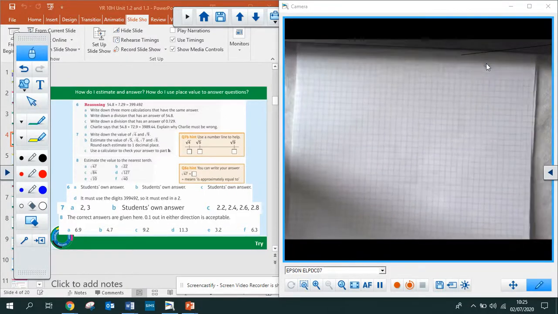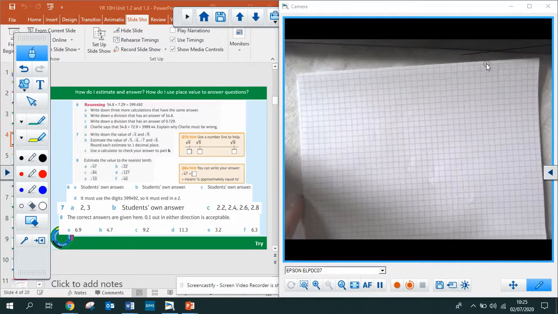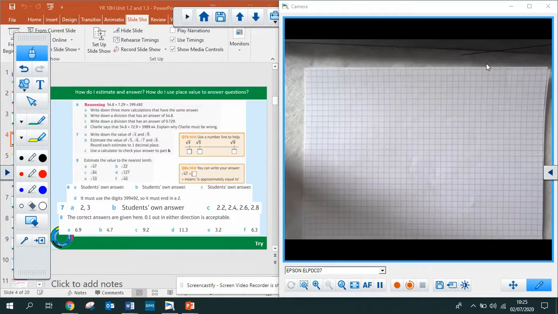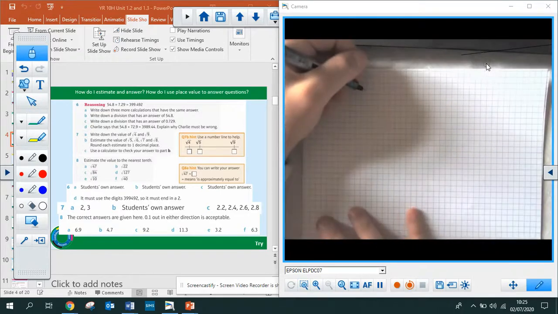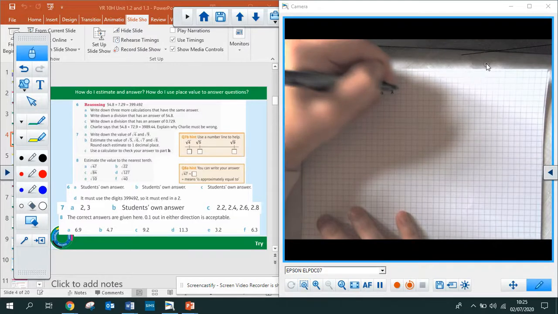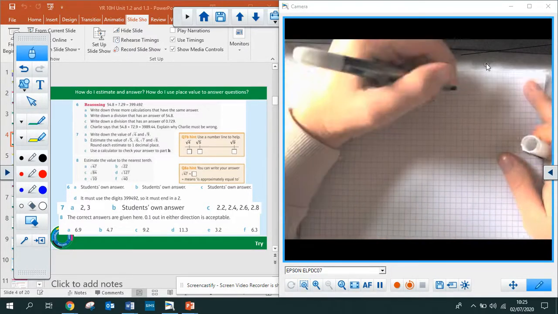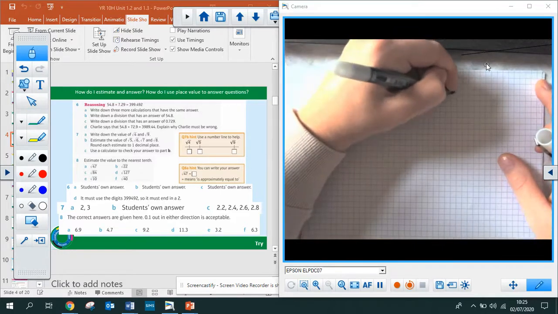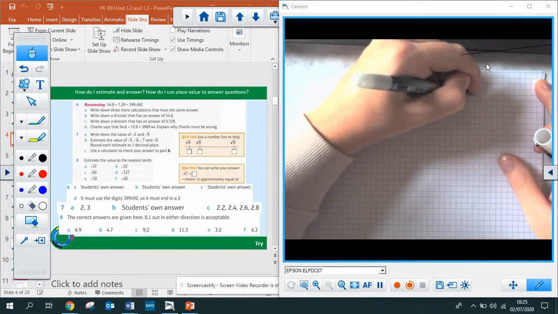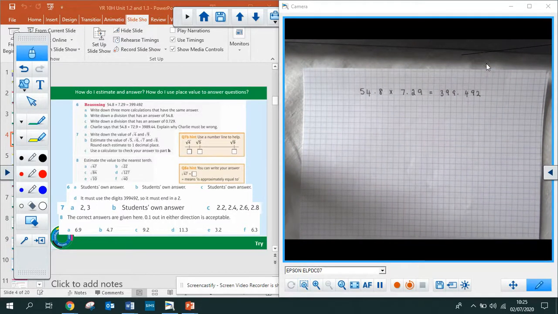The fact that we were given for question 6 was 54.8 multiplied by 7.29 is equal to 399.492. Part A says write down 3 more calculations that have the same answer.